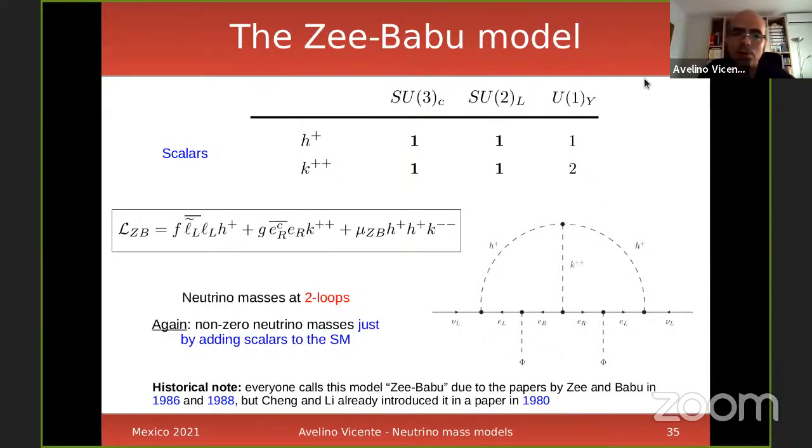So I think, to be fair, we should call it the Cheng, Li, Zee-Babu model to be fair with the authors. Anyway, in this case, also, you don't add additional fermions, but you just add scalars. So you have a singly charged scalar and a doubly charged scalar, and thanks to that, you can draw this diagram here, which now induces neutrino masses at two loops, not one, but two loops.